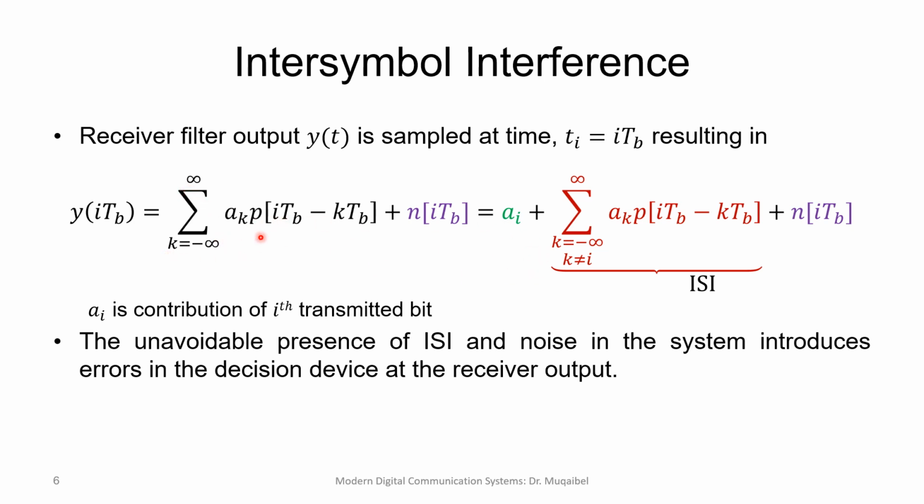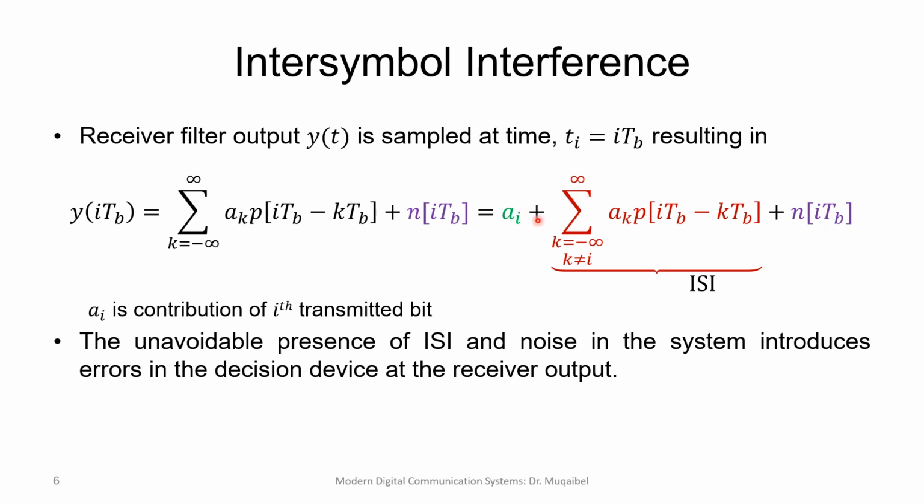So we're saying when k equals I, when we are at the bit of interest, we get one waveform outside the integration, because I and k are equal, so this is going to give you the pulse at 0. We assume it's normalized, so we get AI outside, which means that when I sample, I will get the exact shape or amplitude that I'm looking for. That's the data I'm looking for, but it will also be added to other components, pulses before and after. And of course, we'll have the noise at that instant of time.